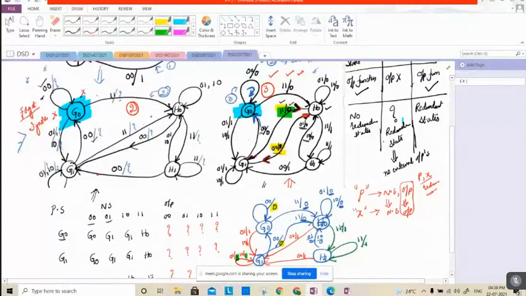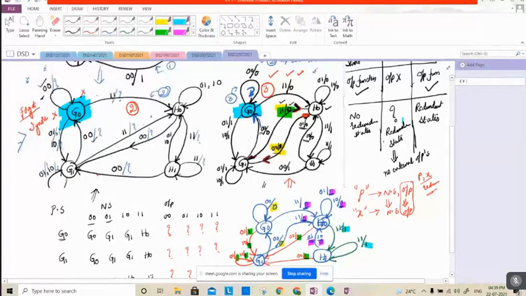This is 1, and this is 1. This is 1 here, and this is also 1, and this is also 1. This is 0, this is 0, and these are also zeros. This is 1, and this is 1.